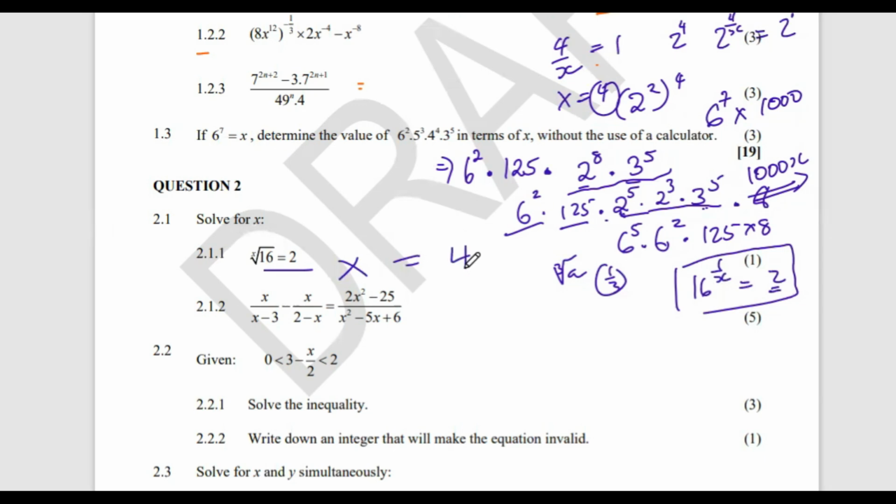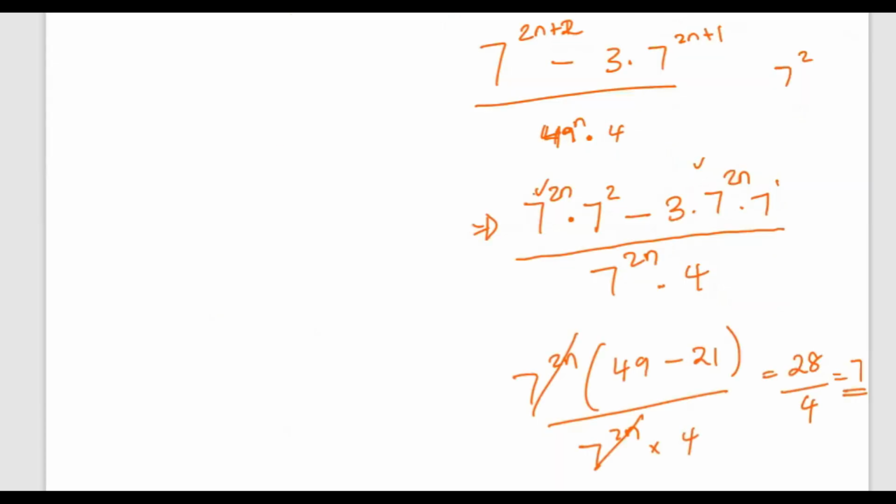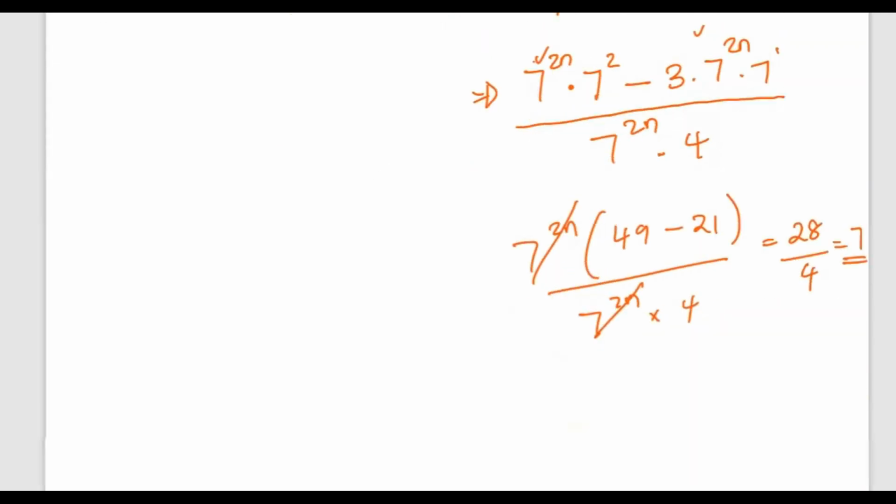Then 2.1.2, x over x minus 3 minus x over 2 minus x is equal to this. They want us to solve for x. So this question involves some element of factorization, but we also need to determine our common denominator on this side. Okay. So what I'm going to do is let me just write to this side.